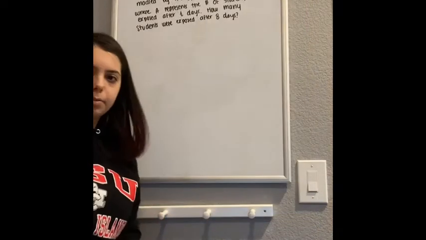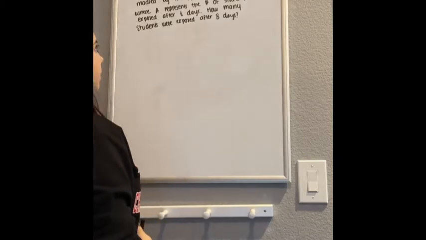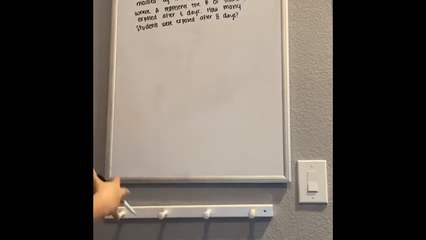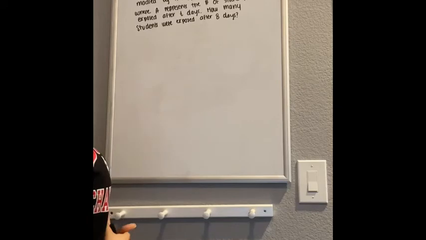Okay, so this problem is from worksheet number 5, number 2. The number of students exposed to the measles at a school can be modeled by the equation A equals 10 e to the 0.15t, where A represents the number of students exposed after t days. How many students were exposed after 8 days?